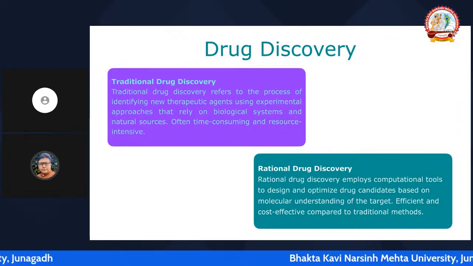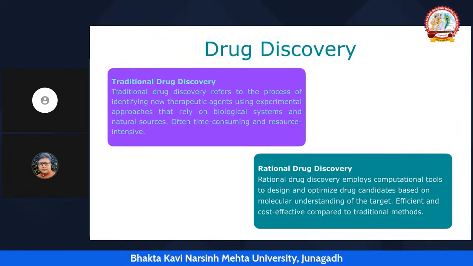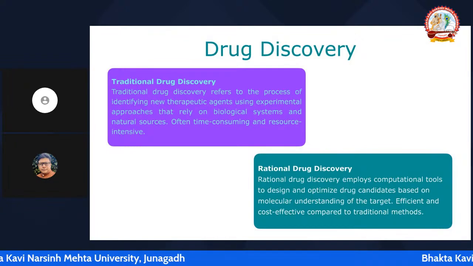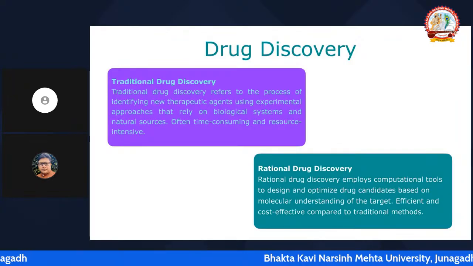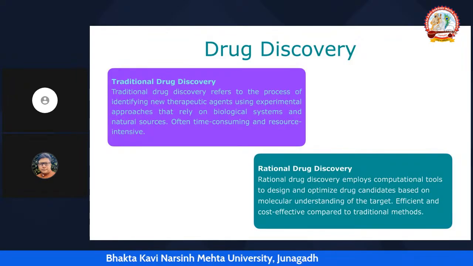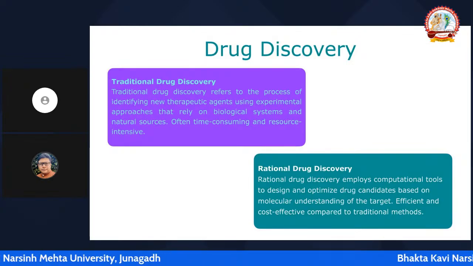That means you make models with which you can predict new activities. So when you make changes, those changes will tell you what changes are enough to make the molecule more active. This way you will end up with lesser synthesis. Rather than synthesizing 1,000 compounds, you can synthesize only 100.